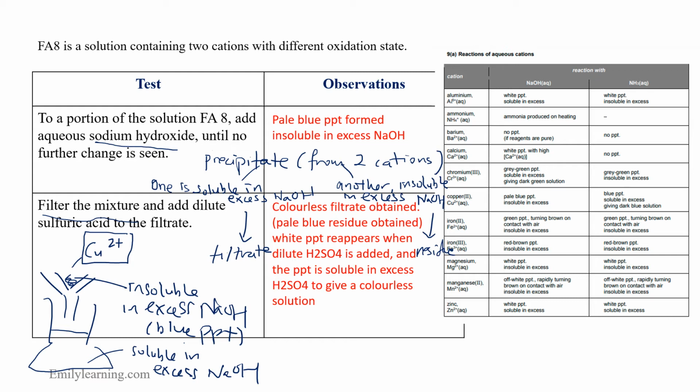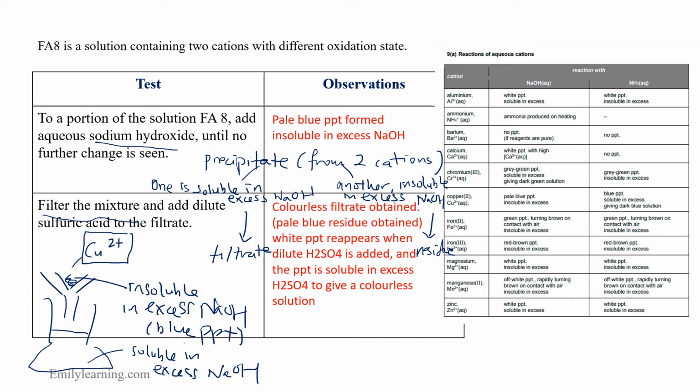Next, I'm going to filter. The Cu2+ will be in the residue, and the one that is soluble in excess is in the solution. After you do the filtration, you'll notice that you have a colorless filtrate. Once you know that it is a colorless solution, you can eliminate all the colored stuff. Also, because it is a filtrate, it is soluble in excess NaOH.